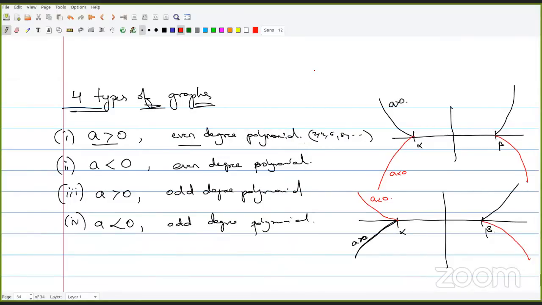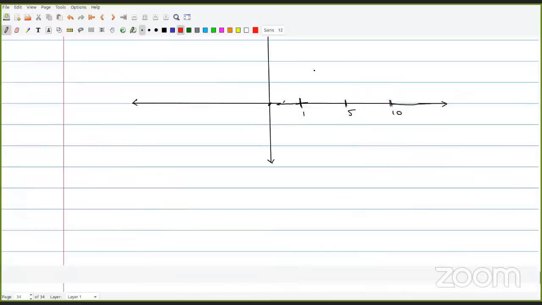So if a is less than 0, this is how the graph will be for odd degree polynomial. If you remember the graphs x square, minus x square, and x cube, minus x cube, we can easily plot that graph, right? You can actually plot the end behavior.